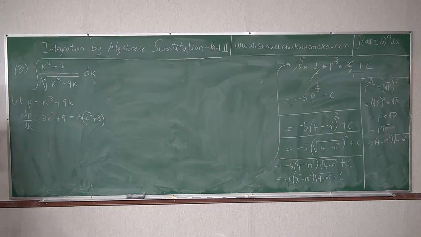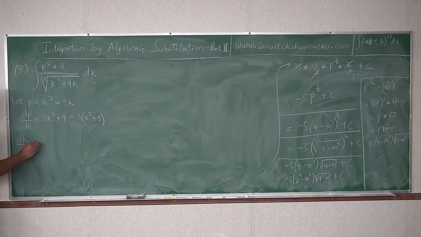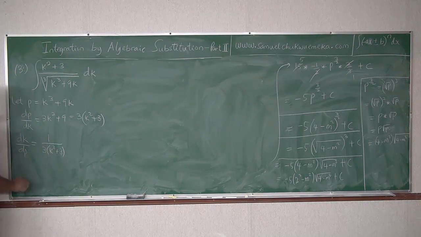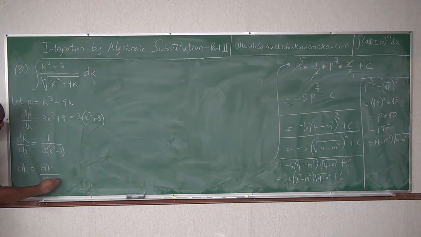See that? Then we find dk/dp, which is 1 over 3 times k squared plus 3. So our dk is dp over 3 times k squared plus 3.